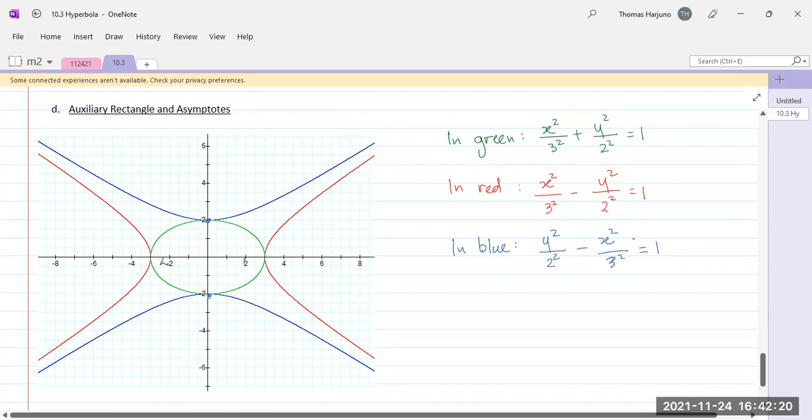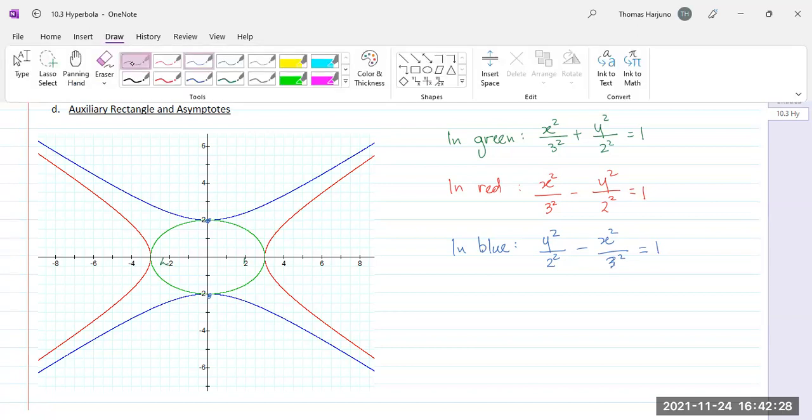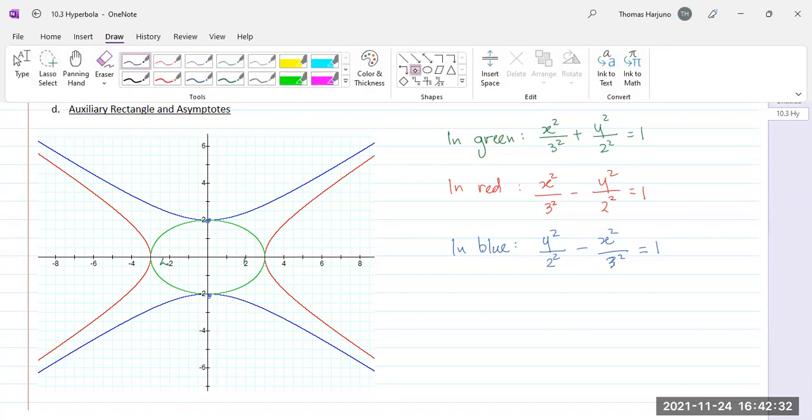Now, what is the auxiliary rectangle? The auxiliary rectangle is this rectangle here.